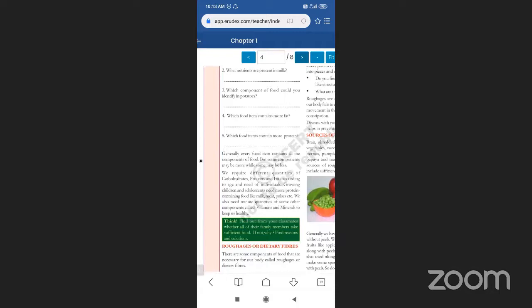So we declare different quantities of carbohydrates, proteins, and fats according to the age and need of individuals. So here, what is the meaning of these lines? For small children, fat content is needed somewhat more, to be healthy and energetic in their growth. Why?